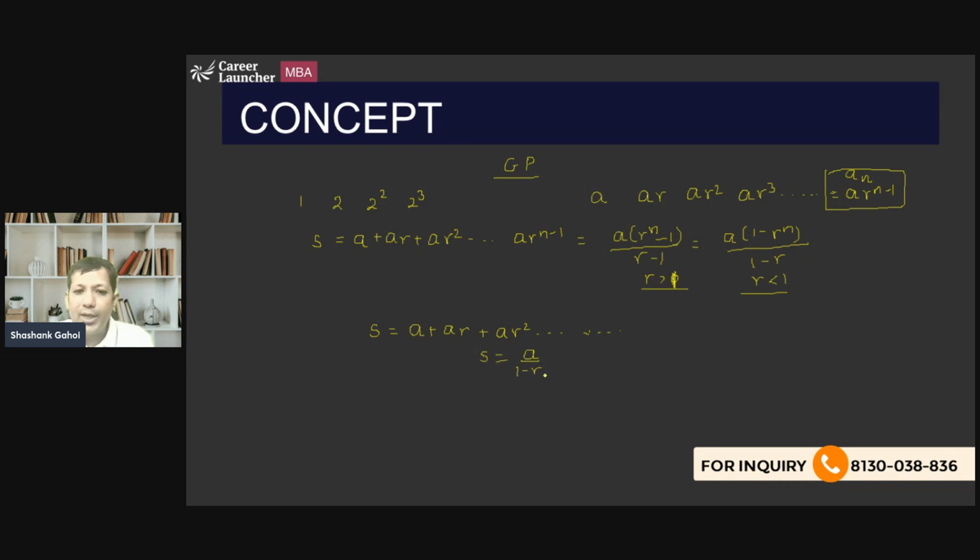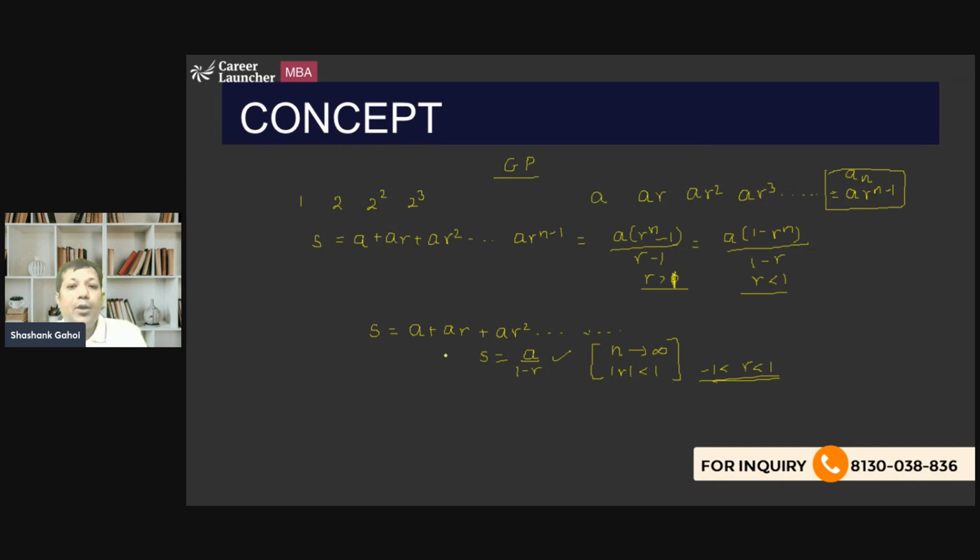The condition that applies here is that the number of terms should be tending to infinity, which means there are going to be infinite terms, and the mod of the common ratio should be less than 1. It means the value of the common ratio must be a fraction. It should lie between minus 1 and 1. So if the common ratio lies between minus 1 and 1 and the number of terms is tending to infinity, then the formula for the sum that we are going to use is this formula.